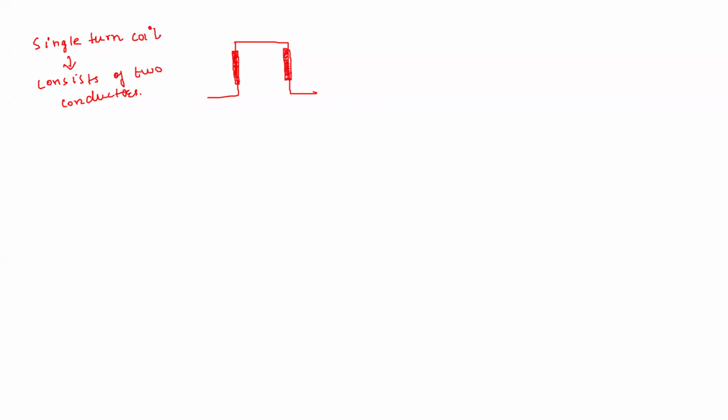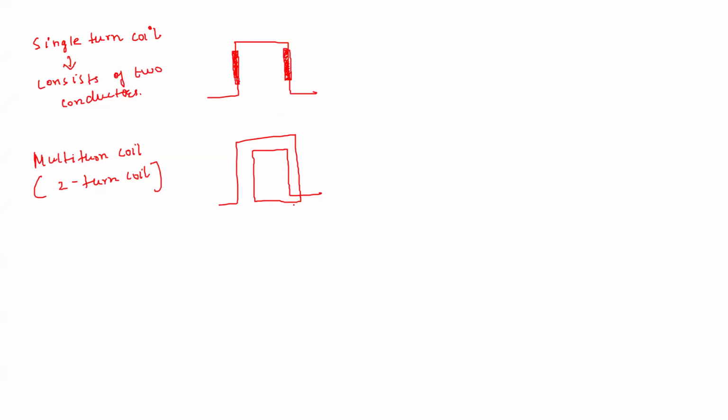So these are the two conductors. Now, what is a multi-turn coil? This will have multiple turns like this. So what I have drawn is a two-turn coil, because there are two turns.